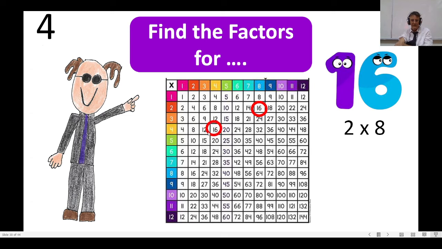Yes, look, we got 4 times 4 equals 16. So the factors of 16 are 2, 4, and 8. You got it? Yes? We'll do 3 more.